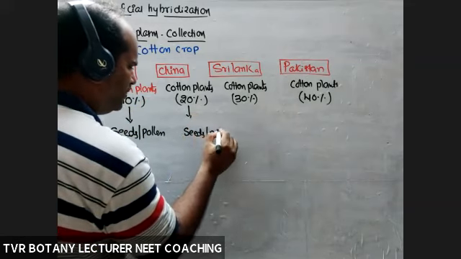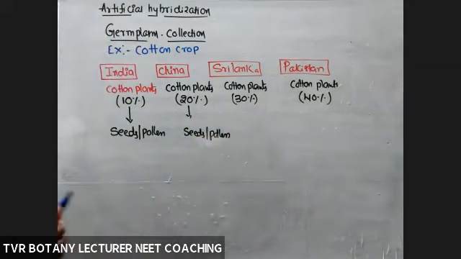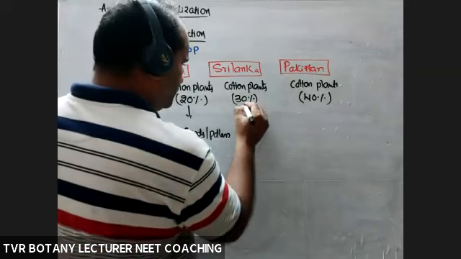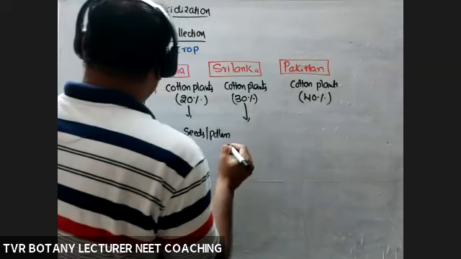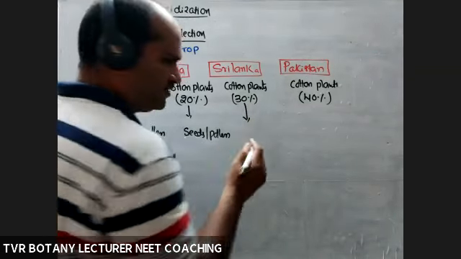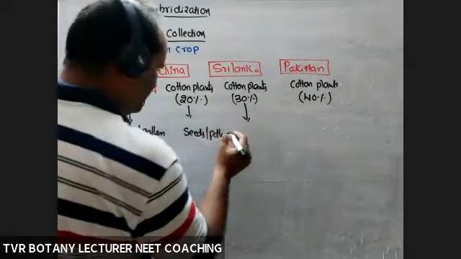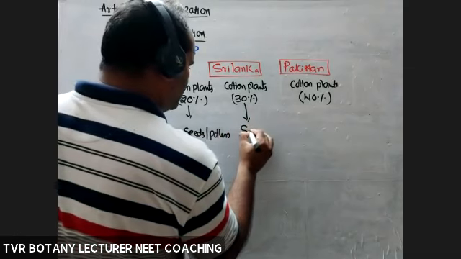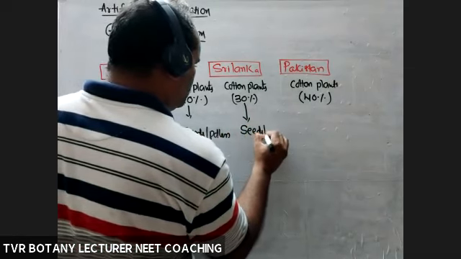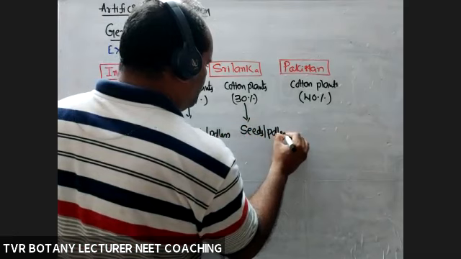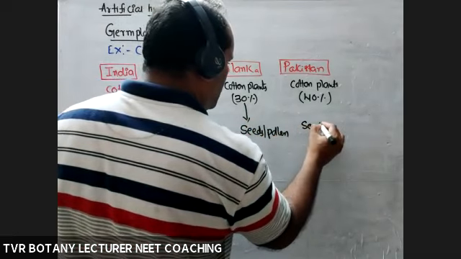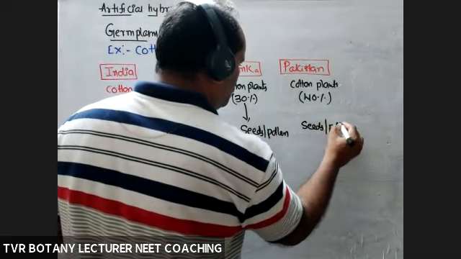Not only pollen grains, any propagule. You may take vegetative propagules also, if possible. In cotton, generally there is no vegetative propagation, though by means of tissue culture we can perform it. That is a different case. But the given one is seeds, pollen.